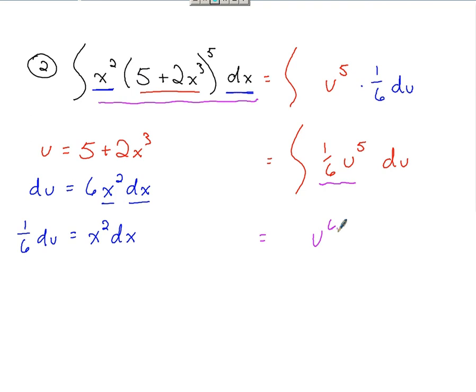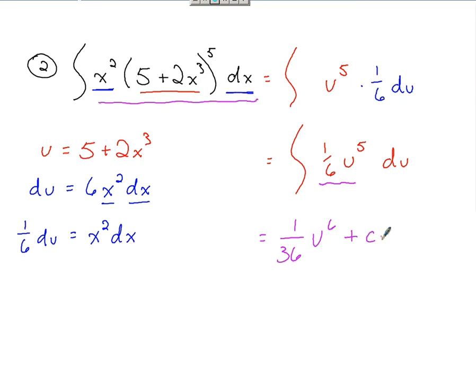I take the reciprocal of that 6, which is 1/6, and I multiply it by that 1/6 in front. Get 1/36. That's as far as I can go with rules for antiderivatives, right? So now add on my c, and it would appear that we're done.